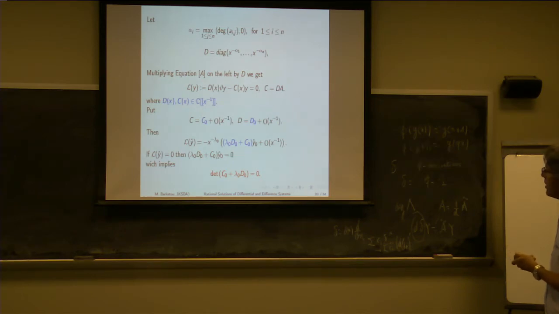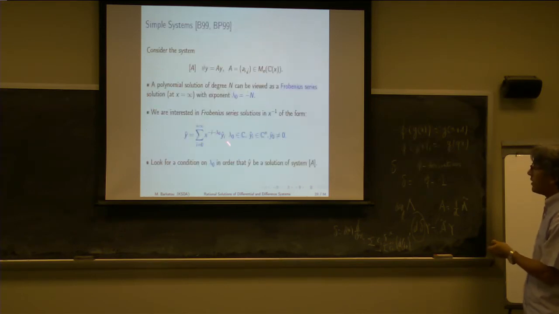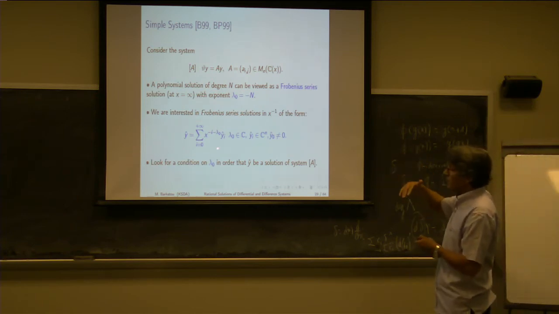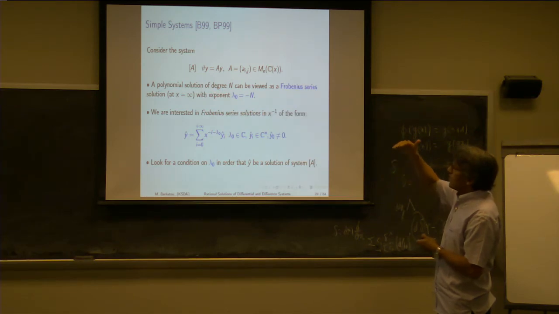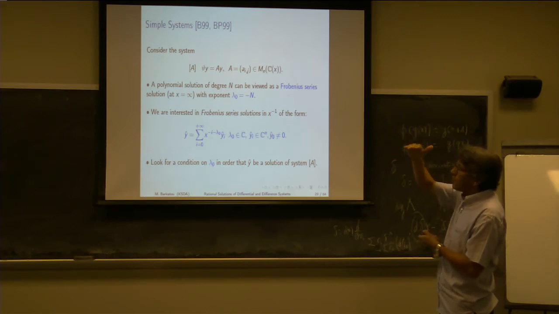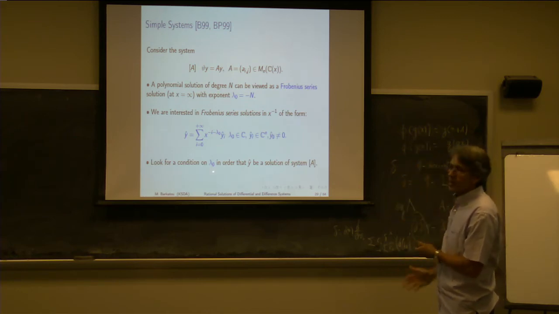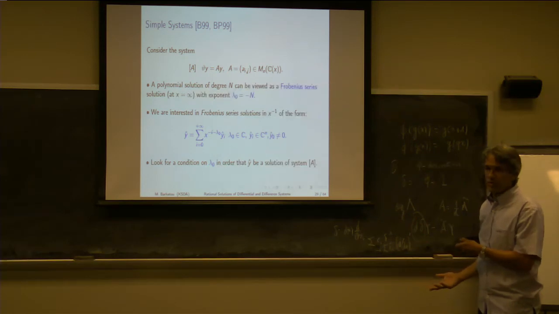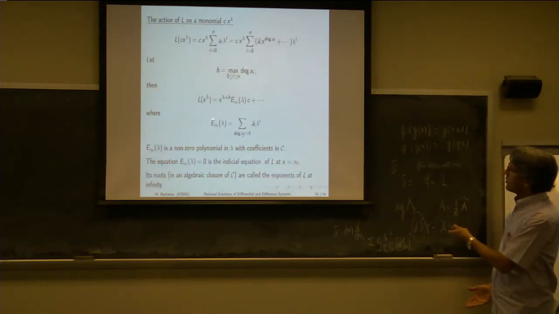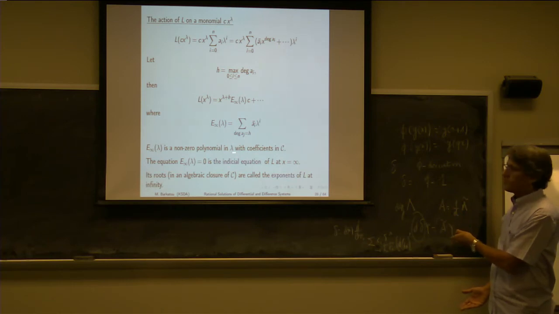So here, if you plug this directly in the system, arrange coefficients and equate to 0 each equation, then you will get a finite set of equations, but from the first equations, you cannot get immediately a condition on lambda 0. Unlike the case here where you get immediately that lambda must be a root of this.